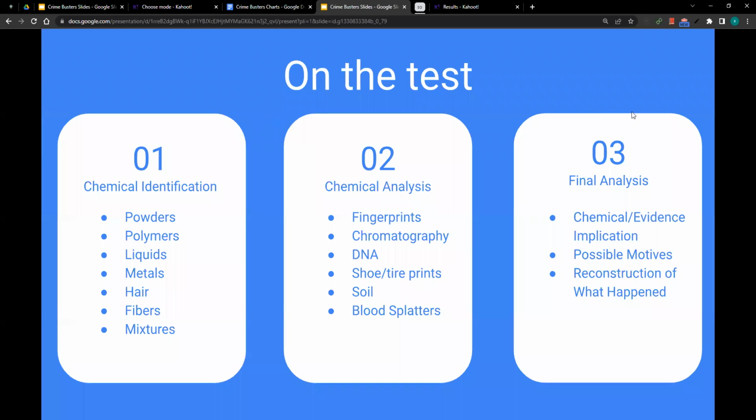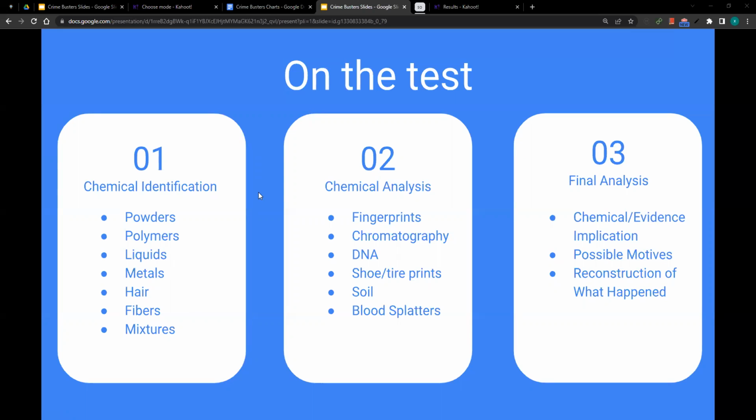So on the test, there are three major sections of it. The first part is the chemical identification section. That includes things like powders, polymers, liquids, metals, hairs, fibers, mixtures. For time's sake, I won't be covering polymers. They're basically just plastics. Part two, chemical analysis, is just fingerprints, chromatography, DNA, shoe prints, tire prints, soil, blood splatters.